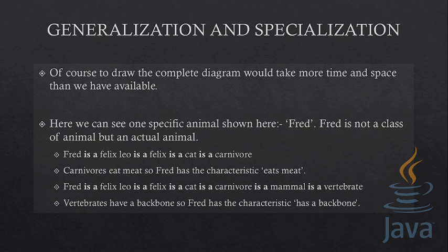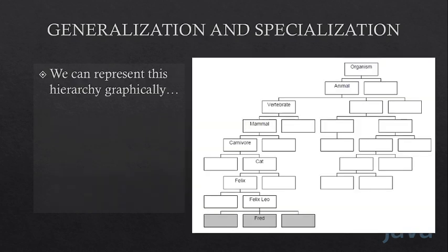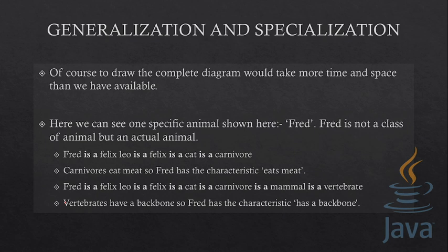But we will only focus on a specific class and a specific object. So you can see below, we have Fred. Notice that Fred is not a class, nor is he Felis leo; he is under Felis leo. So Fred is not a class, but an actual animal.